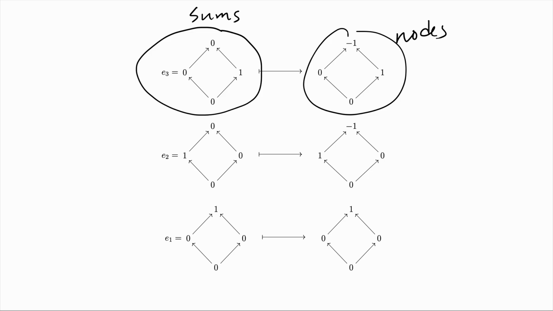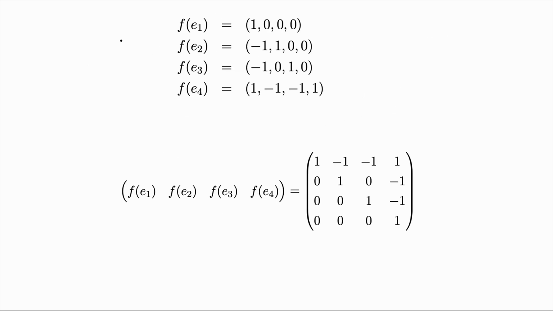Now, if we know for a linear transformation the destinations of E1, E2, E3, E4 here, and that's a basis for the domain, we actually know the destination via matrix multiplication for anything in the domain. Meaning if I give you any cumulative sums up to any vertices, I'll be able to tell you the nodes via a linear transformation.